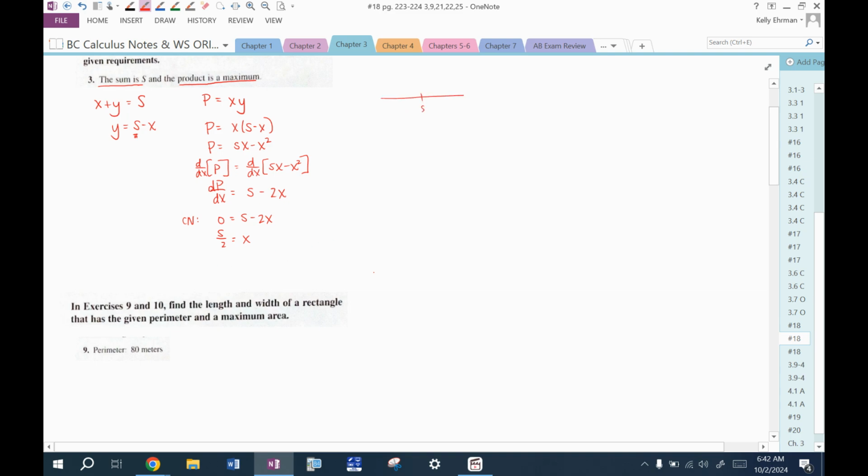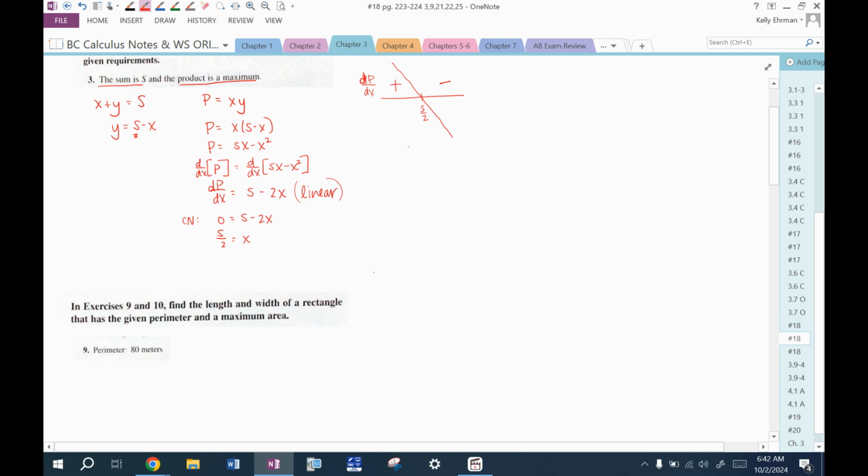So I'm going to put S over 2 right here, and dP/dx up here. And dP/dx is just linear, right? It's a line with a slope of -2. So it looks something like that, which means dP/dx is positive up here and negative down here.